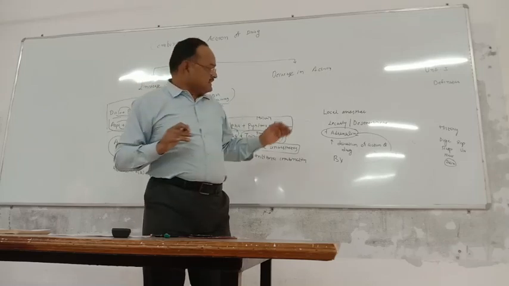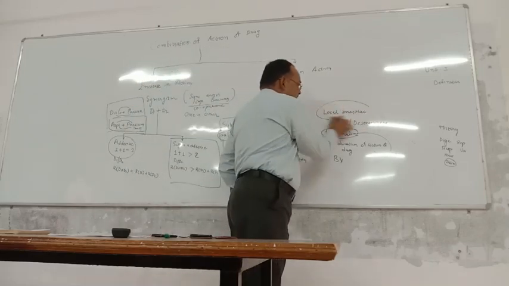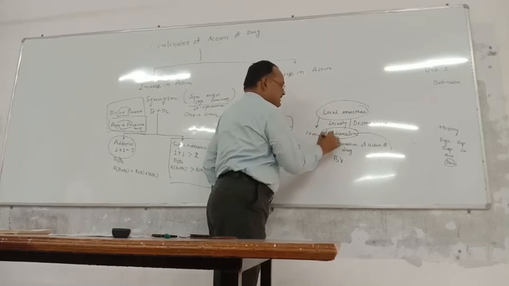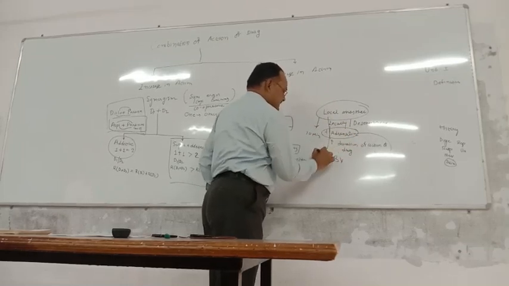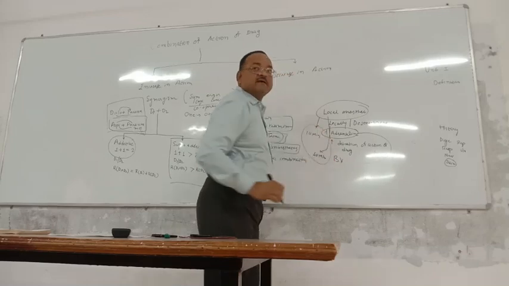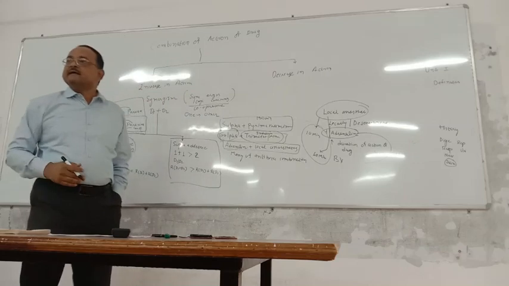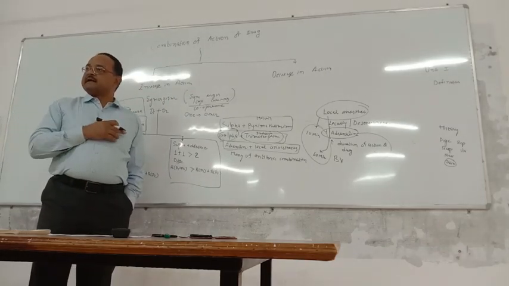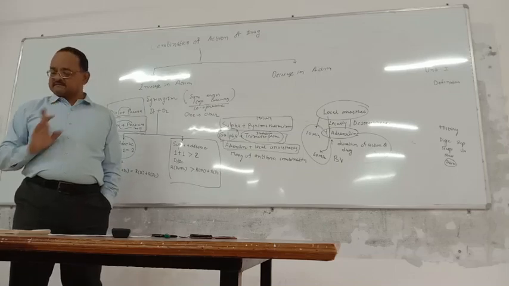Clear? So in this way, if you give this local anesthetic alone, you have to inject every 10 minutes. But if you give this combination, then 40 minutes. So this is a therapeutic advantage. Why is this happening? Because there is a supra-additive synergism between the adrenaline and local anesthetic.